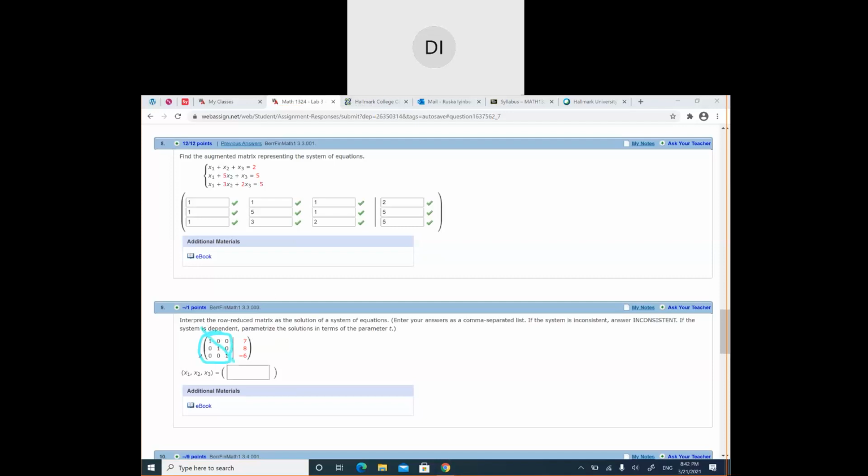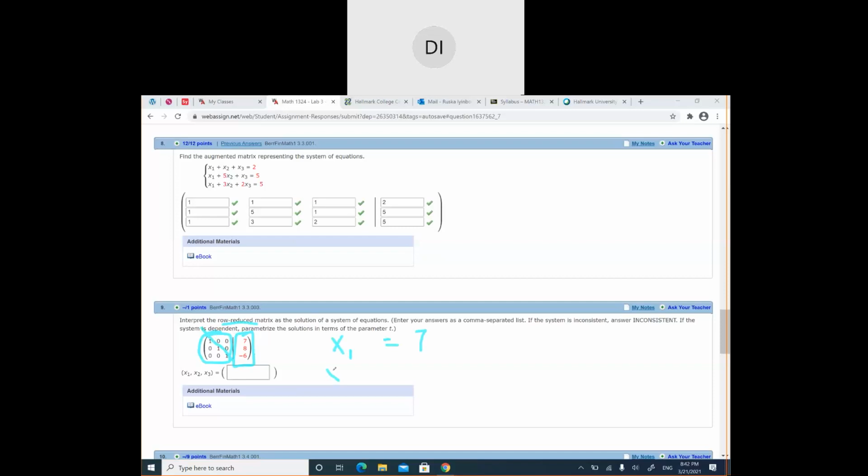So if you have a matrix like this, it's called a row reduced matrix. And if you have it like this, the solution is right here. These are the numbers for your solution. Because if you think back, if I want to transfer this matrix to a system, it's going to be x1 equals 7, right?